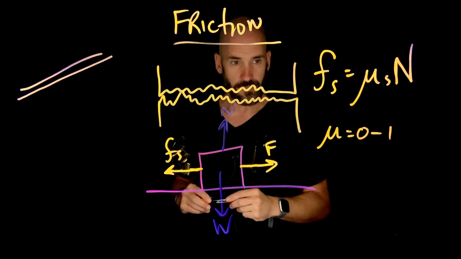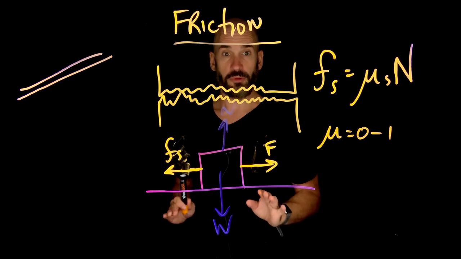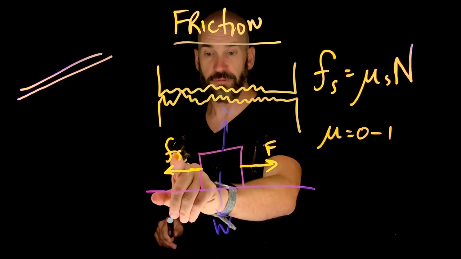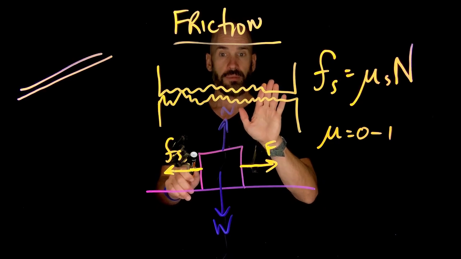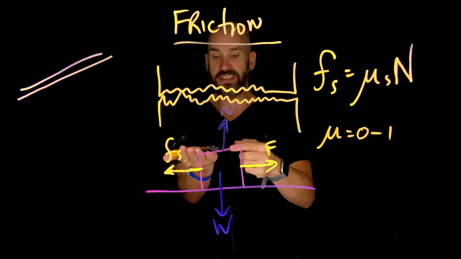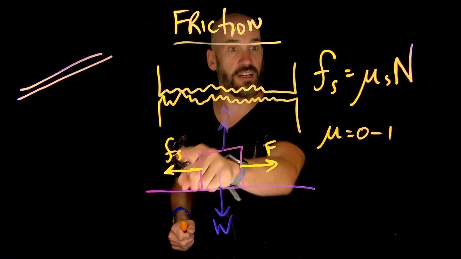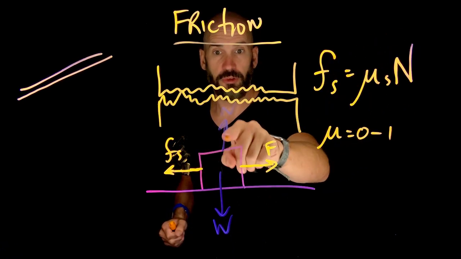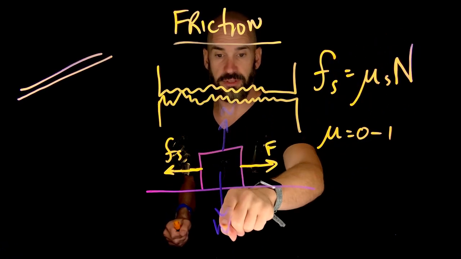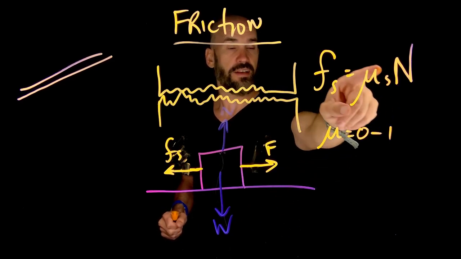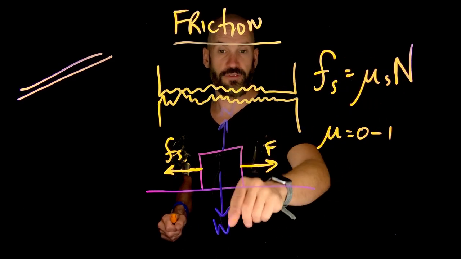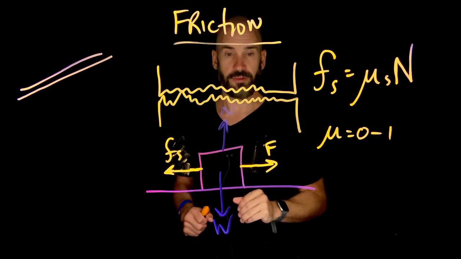range. Okay, so just to remind you one more time, this frictional force, the static frictional force, will keep pushing back, pushing back, pushing back, will resist the force that I'm pushing until it reaches this maximum value, whatever n is. In this case, n is going to be just equal to the weight, right? All right, and so that n times the coefficient of friction, whatever that is between these two surfaces, right?